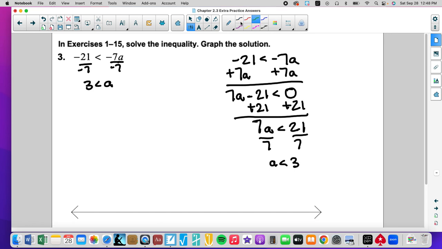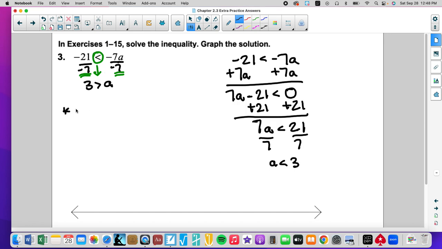So it is very important that we notice that we multiply or divide both sides by a negative. We must flip the inequality because it is just like we are moving it across like this. So this is the correct way to do it.